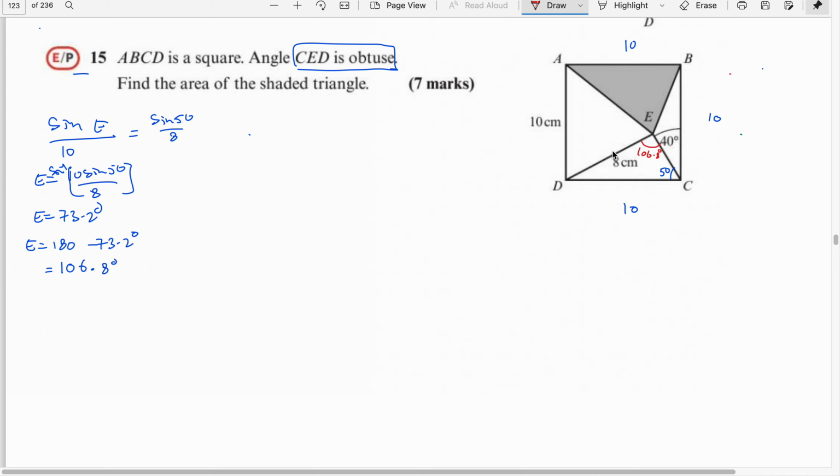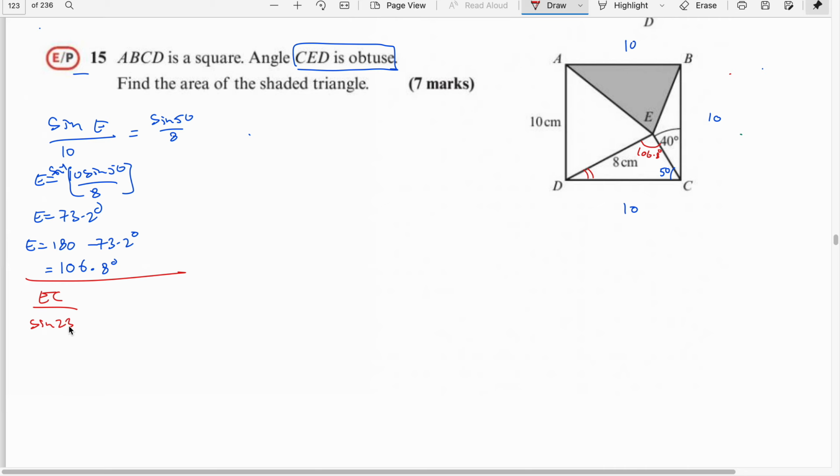Now we can solve for other sides. So if I now solve for side EC over this angle is now known, because 180 minus 50 minus 106.8, we get 23.2.